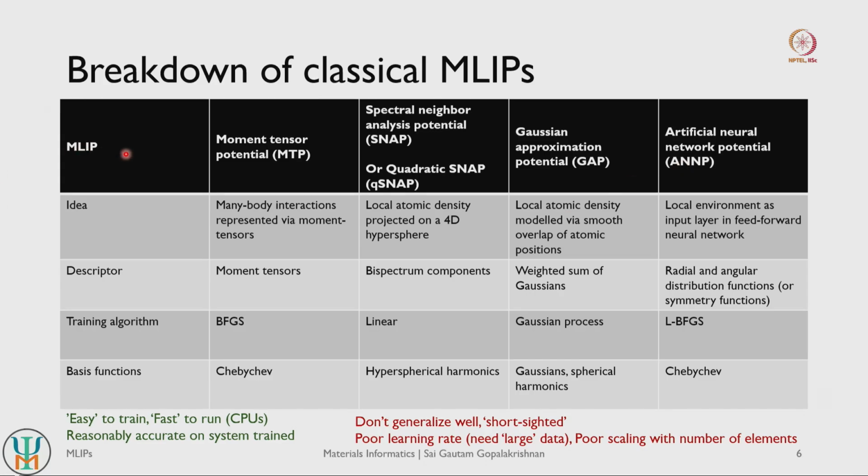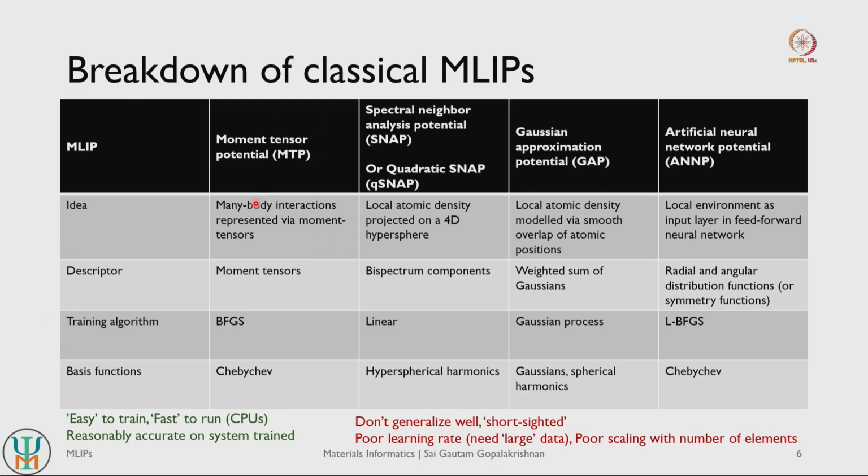I'll break down what the key idea behind these potentials is, what kind of descriptors or fingerprinting they use to capture the local environment, and how they train the model. What type of training algorithm do they use, and what type of basis functions do they use? Typically the descriptors are expanded over a bunch of basis functions, so we will also see what type of basis functions they use.